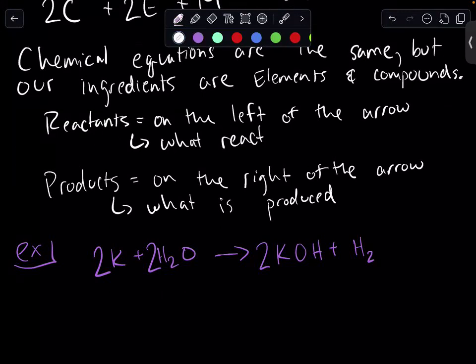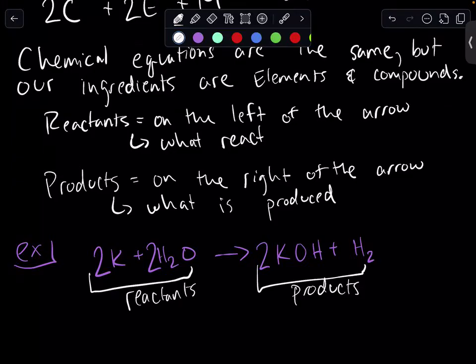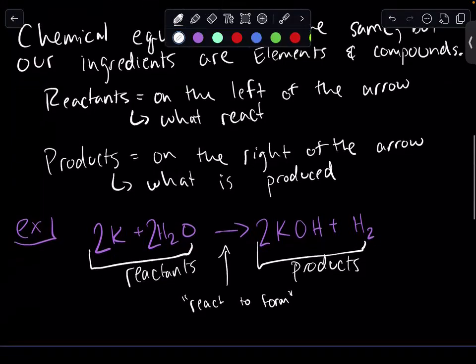We can see that on the left, we have reactants. On the right, we have products. And this arrow kind of just means the words react to form. It can be decompose or synthesize or combust, but the idea is the arrow is the reaction.